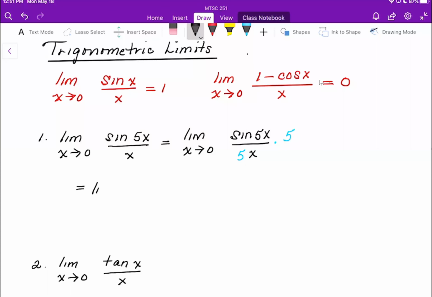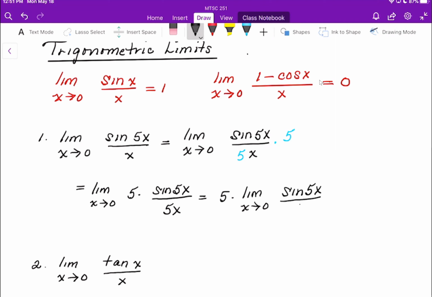So this is the limit as x approaches 0 of 5 times the sine of 5x divided by 5x. And so that becomes 5 times the limit as x approaches 0 of the sine of 5x divided by 5x. So that is 5 times 1. So that answer is 5.